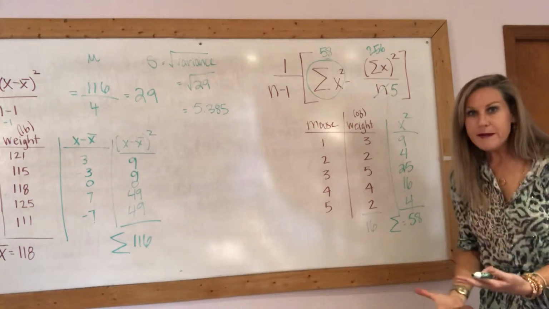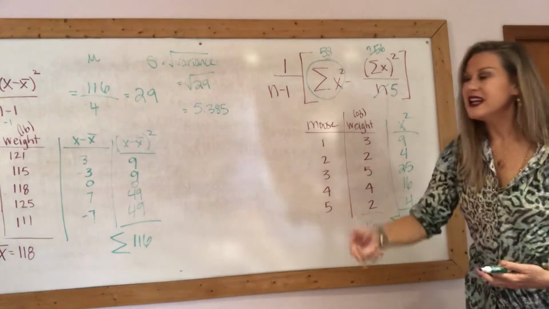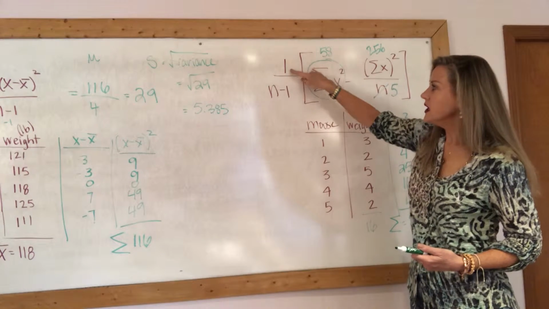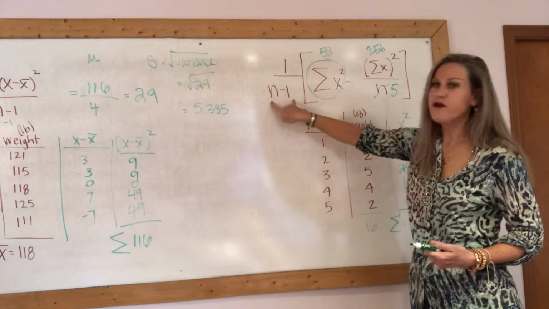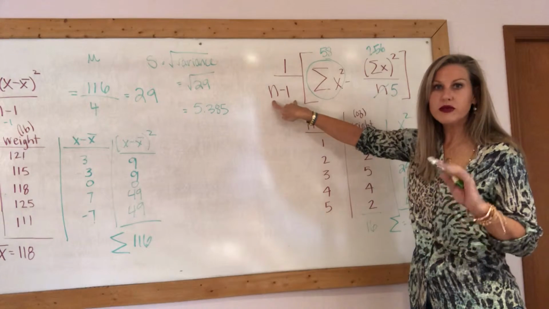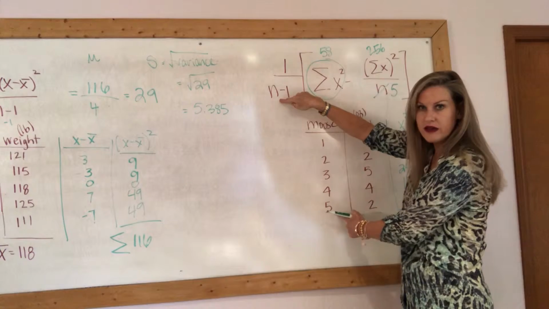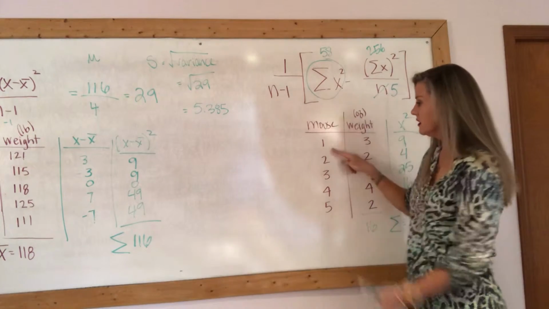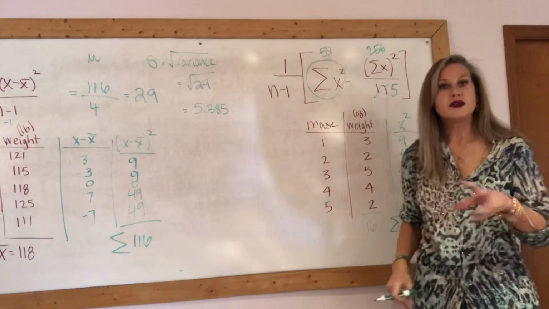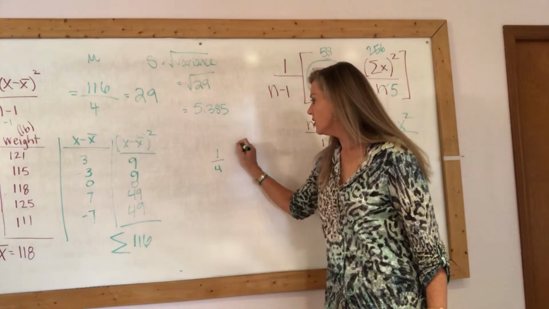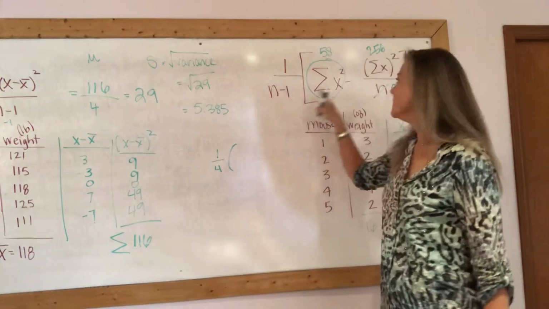And so I'll do that math, and then I'm going to multiply it by 1 divided by 4. This would be the number 4 because n is how many mice I have, minus 1, 5 minus 1 is 4.